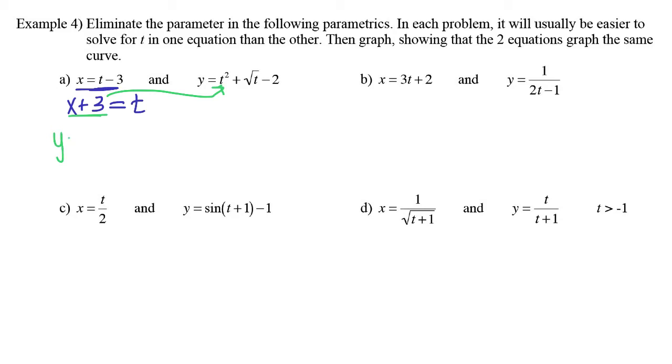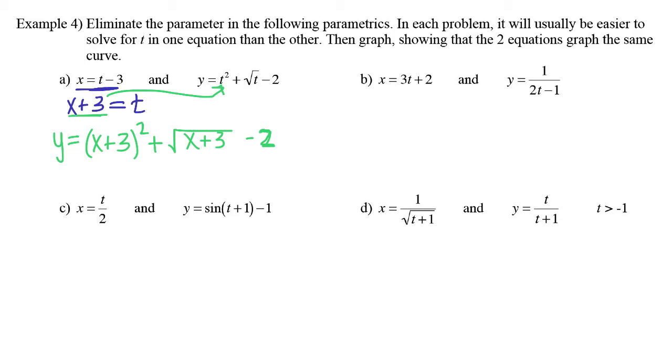So my new equation that has the parameter eliminated would be x plus 3 all squared plus the square root of x plus 3 minus 2. And please don't focus on trying to solve this down or simplify it anymore. That's not necessary. We've made the changes, and that's all we need to worry about seeing. When we graph these, we'll see that we do end up with equivalent statements.